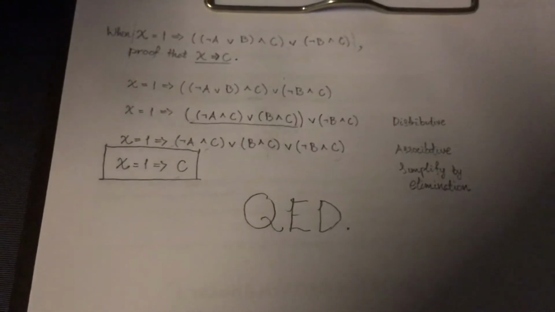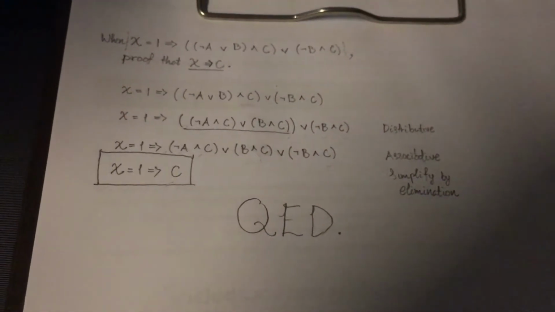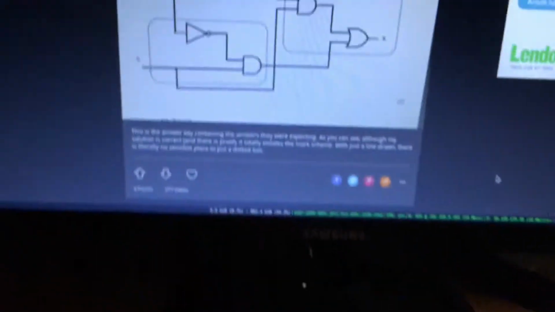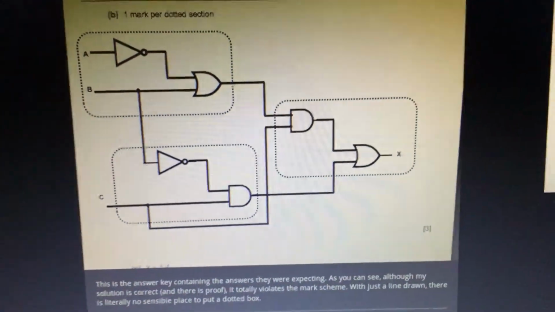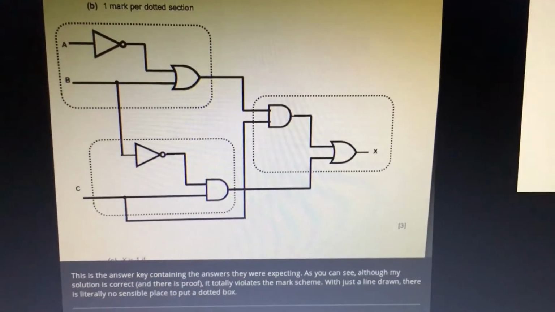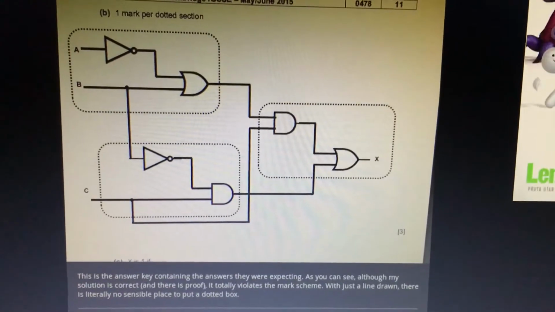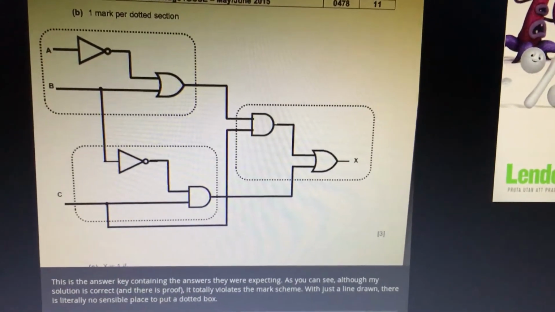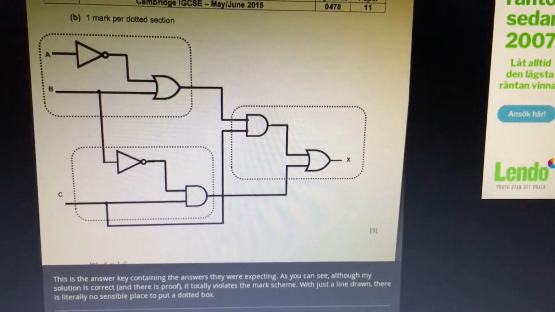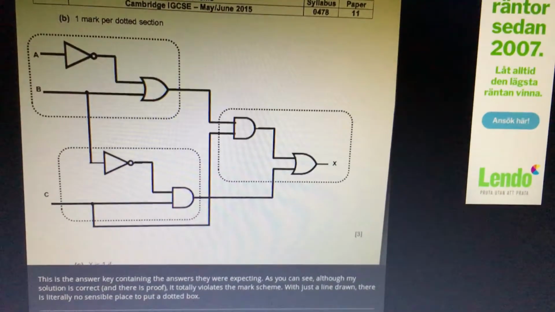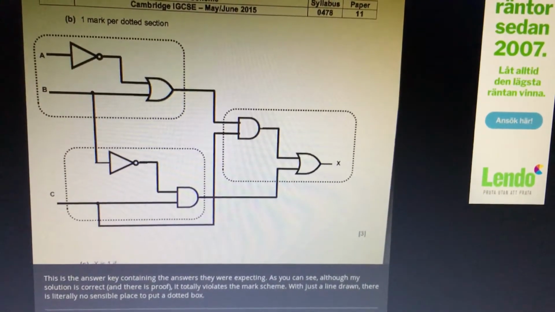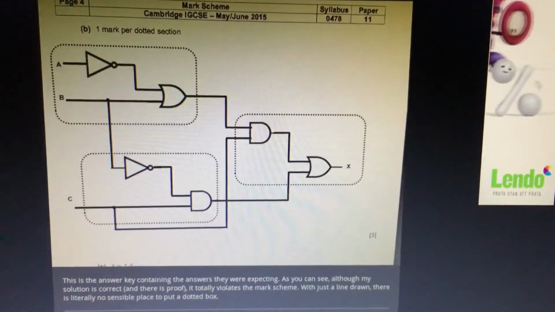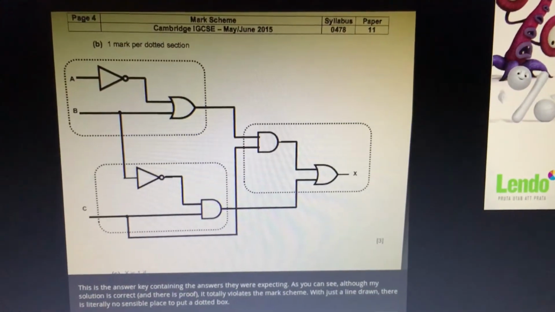Now, do they accept this answer on the paper? I'm not sure, because take a look at this. This is the answer key containing the answers they were expecting, IGCSE. As you can see, although my solution is correct, and there is proof, as you've seen before, it totally violates the mark scheme. With just a line drawn, there is literally no sensible place to put the dotted box.